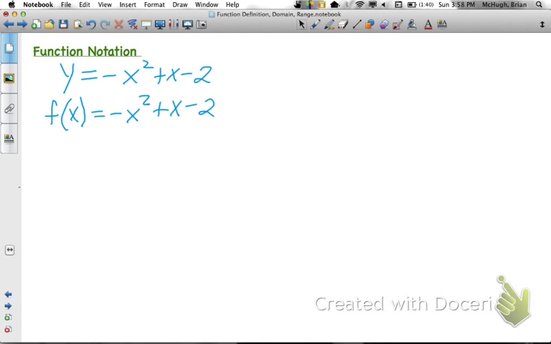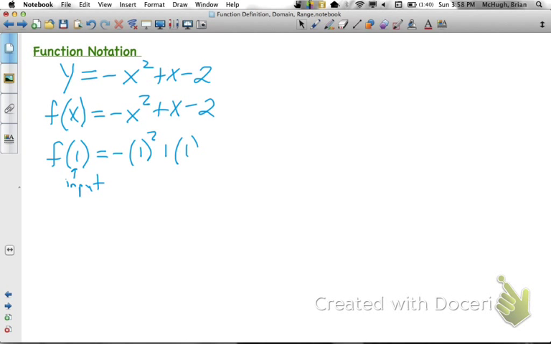One of the reasons why that's nice is that with function notation, we can write something like f of 1 and communicate that we want 1 to be the input into the function f. We've defined the function f above, so in the place of x, we're going to put 1s.